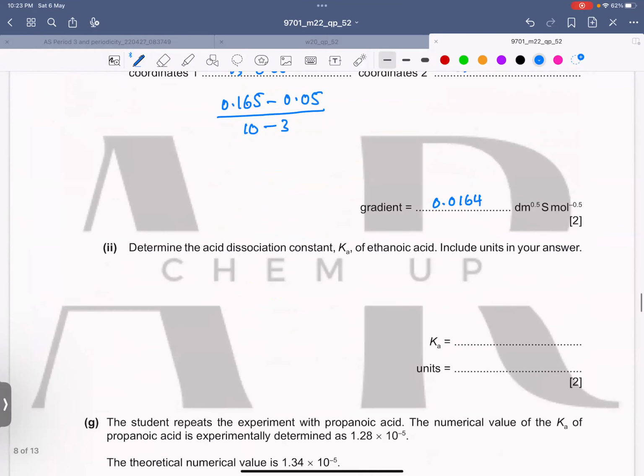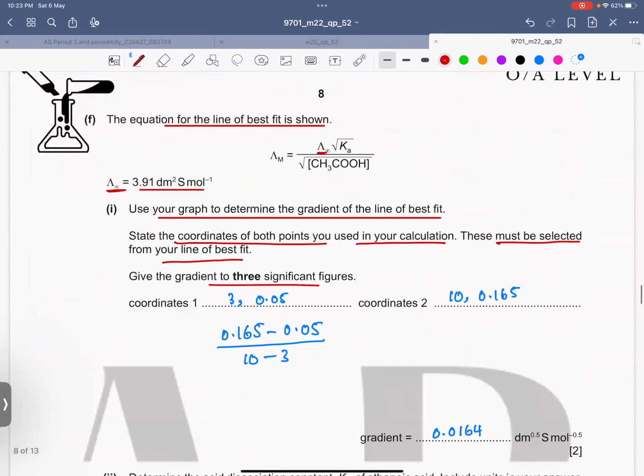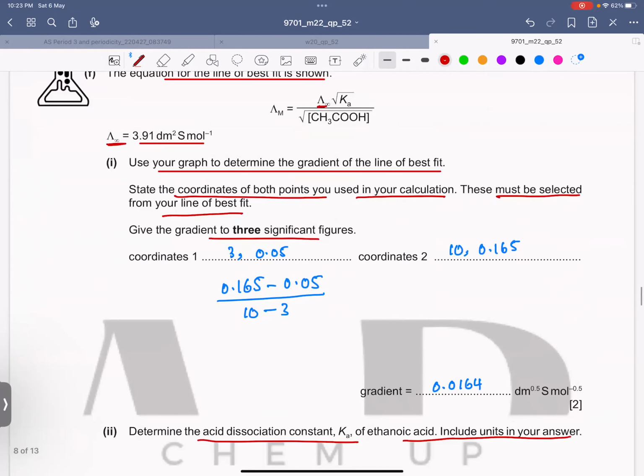Now, what they are asking: determine the acid dissociation constant of ethanoic acid, include the units. Okay, so look over here.